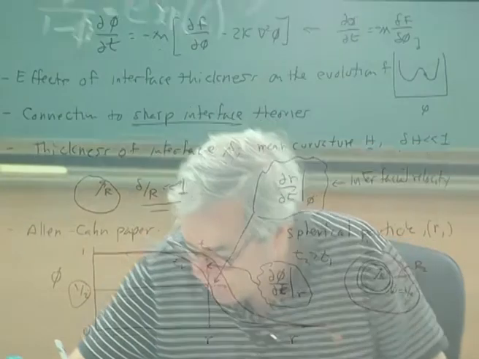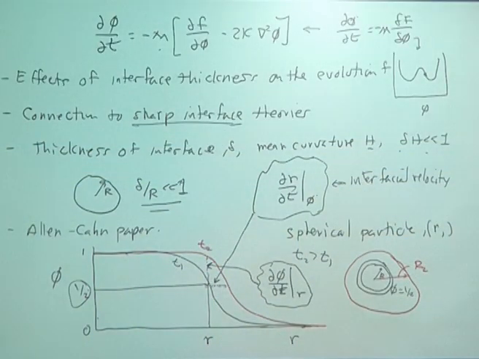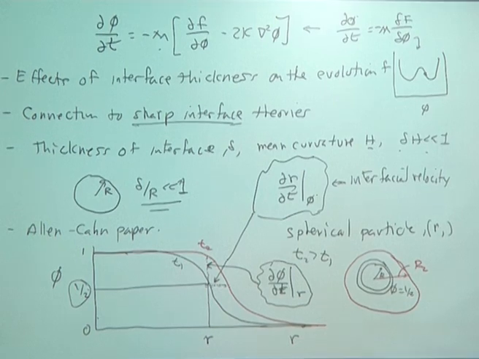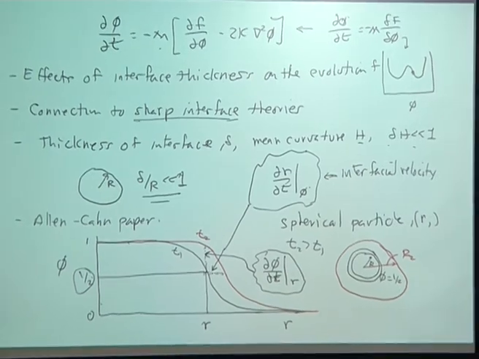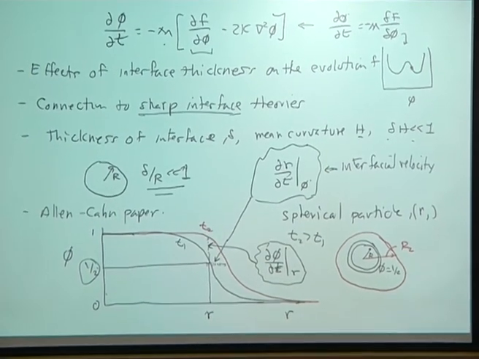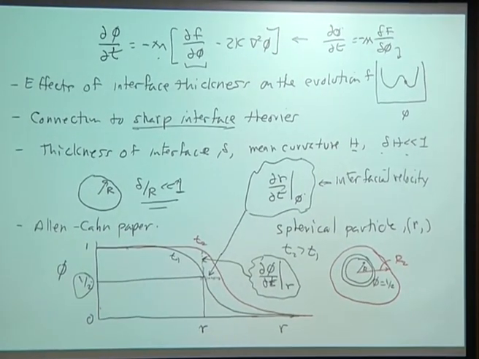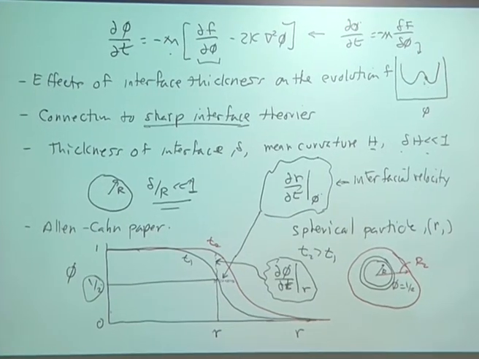If you look at the free energy surface, it looks like this. And so the basic idea of this equation, remember, is that it's non-conserved. So if you look at this point here, this point is going to move because it looks like this. M times that, so it's going to move basically in that direction.